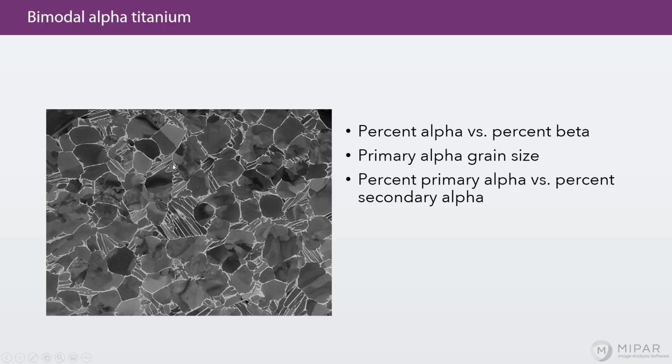Just as in our previous titanium example, the composition of the material, how much is primary, how much is secondary, has a pretty big impact on the structural properties of the metal. So we'll be wanting to get first the percent alpha, total alpha, versus the beta. Beta is this bright material in between. We want to get an alpha grain size, the size of these large grains. And then a percentage, primary alpha versus the percent secondary alpha.